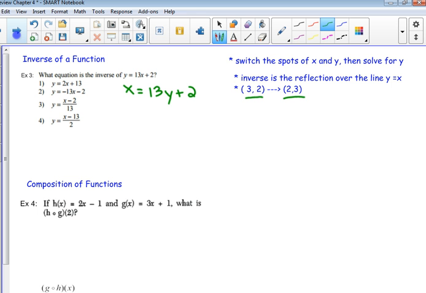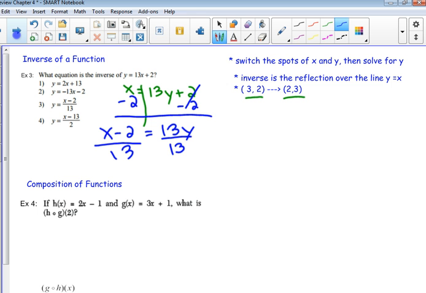Right? And now we're going to get y alone. So solve for y. We want to move everything over. So we should be minus 2. And then divide by 13. And that is it. So now your y is alone. So this would be the inverse, which would be choice 3.